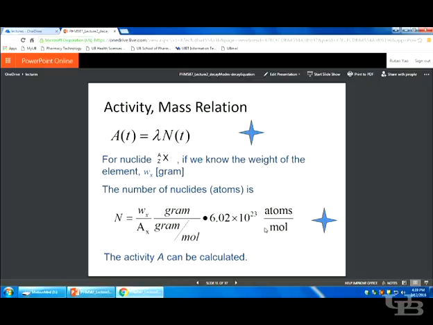You can find it. So with the half-life, you can figure out lambda, the decay constant, or vice versa. And now you have lambda and you have N, and you can calculate the activity.